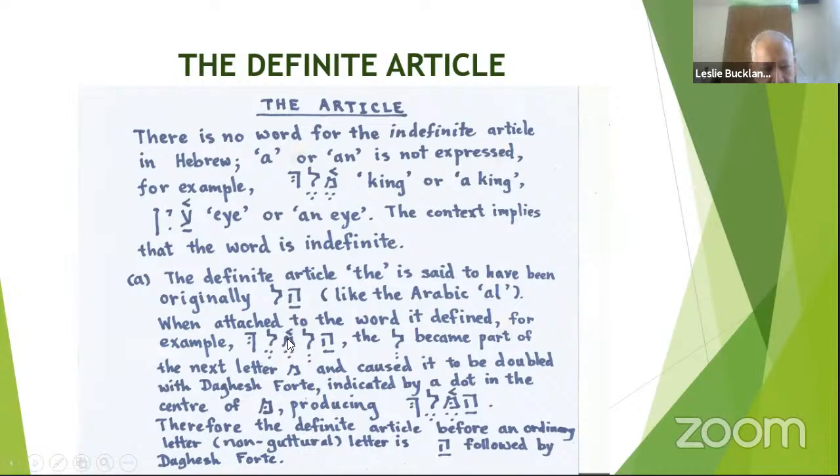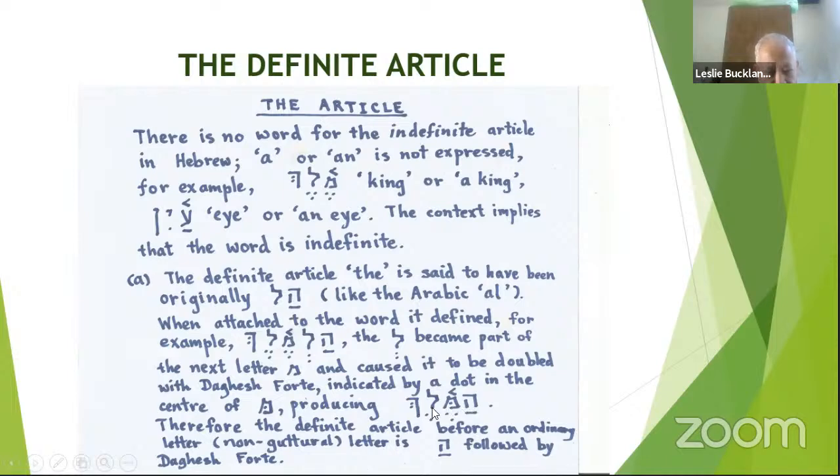There has to be two m's in translating this into English. So the lameth became part of the next letter mem and caused it to be doubled with dagesh forte, indicated by a dot in the center of mem, producing ham-melech. Ham-melech. And of course, you have the accent here, indicating that this syllable is to be stressed.